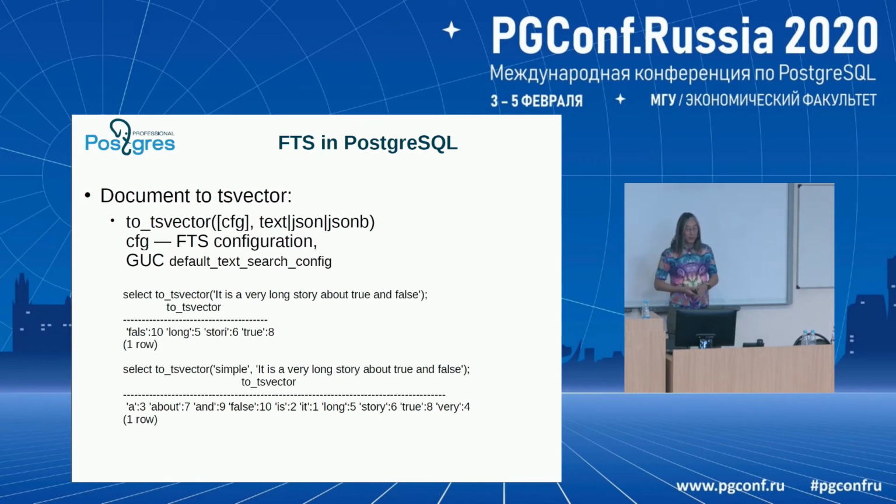And just as an example, when you make this query, you can see the word false, and you can see 10 after it. The 10 is the position of the word in the document. And then long is 5, and story is turned into, you can see it now, into an i letter by the English rules.